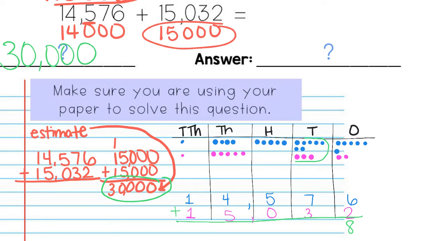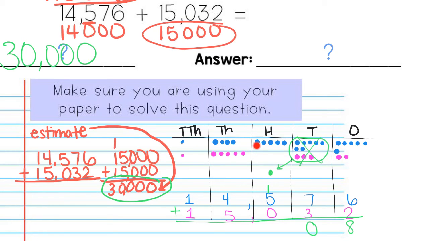So we have to regroup our 10 tens into 100. So when we moved those over, we now have 0 in the tens place and an extra 1 in the hundreds place. So make sure that you're putting your 1 in the hundreds place.